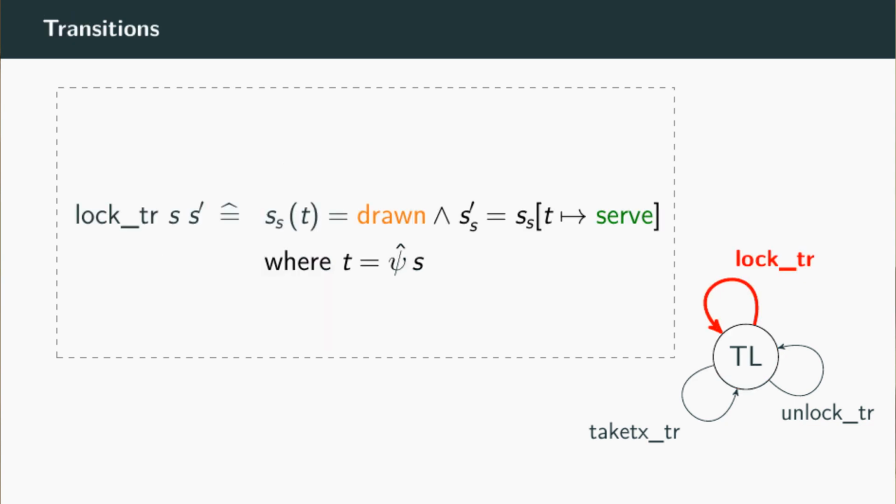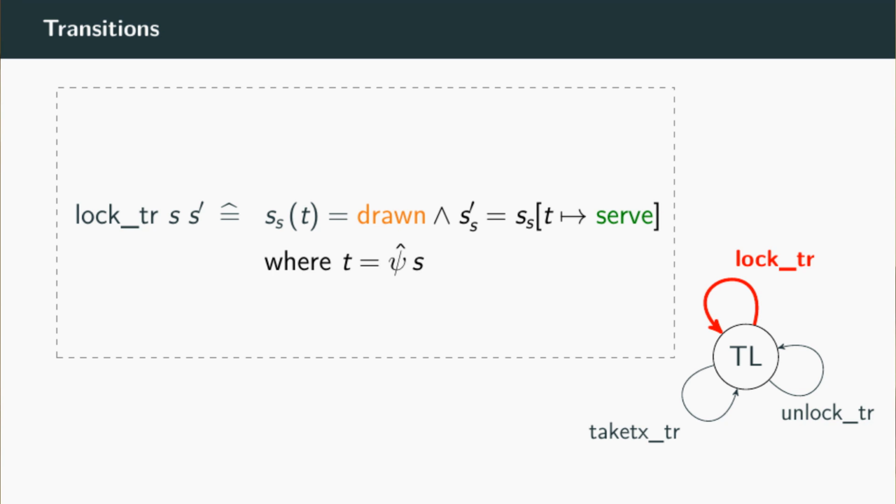The transition system consists of 3 transitions: take ticket transition, lock transition, and unlock transition. Each is a relation over the initial state S and the final state S prime, and defines one of the 3 basic changes that ticket lock programs can perform over the state. Just to illustrate how transitions work, I will focus on lock transition.